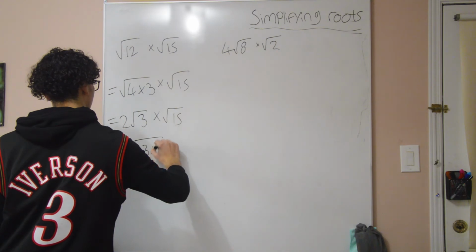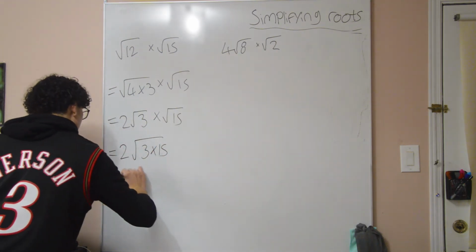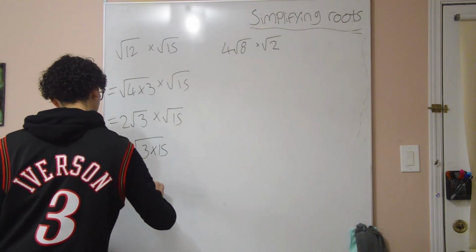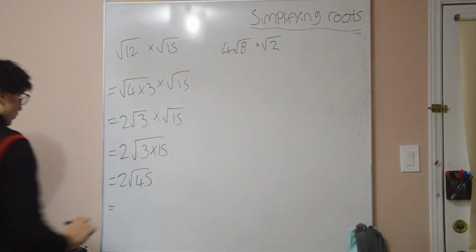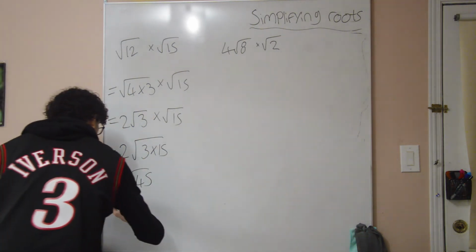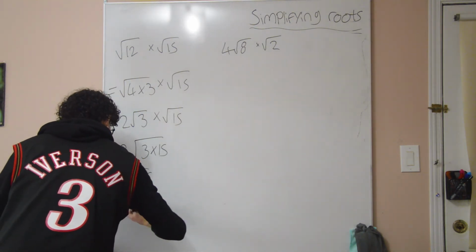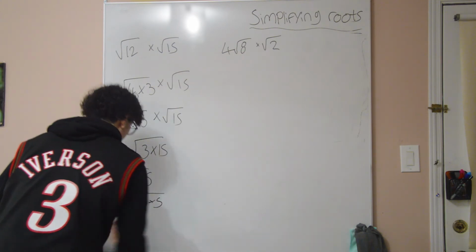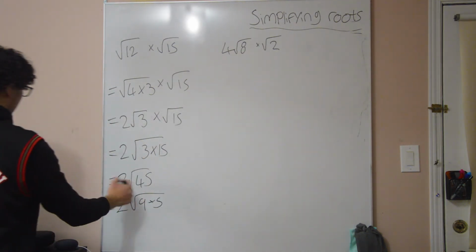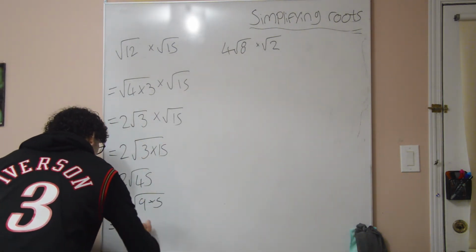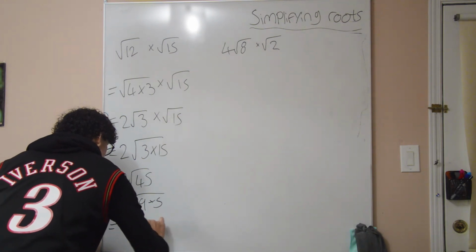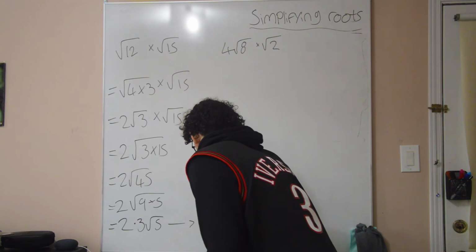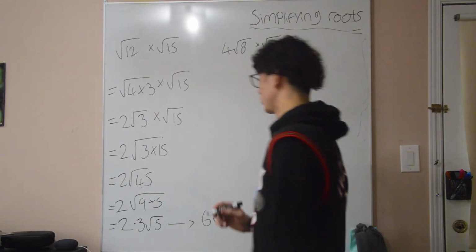So 2 root of 3 times 15, and we get 2 times the root of 45. Now, we can simplify that once again. 2 times the root of 9 times 5. Just like that. And once we take the 9 out, it becomes 2 times 3 root 5, giving us a final answer of 6 root 5.